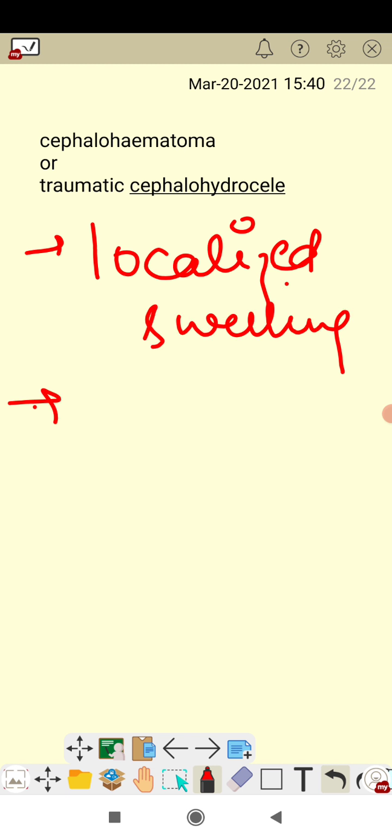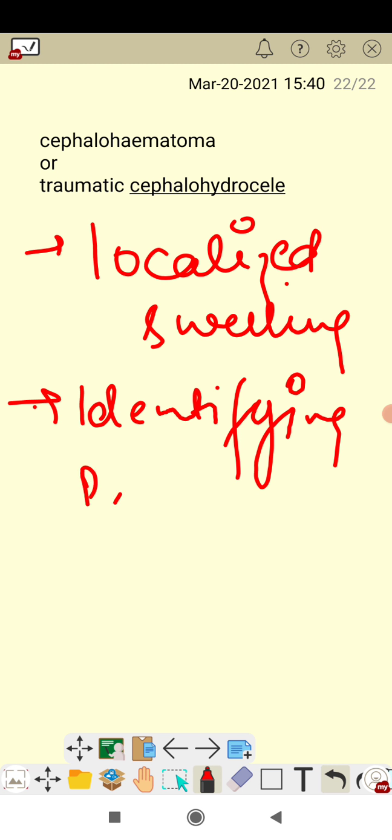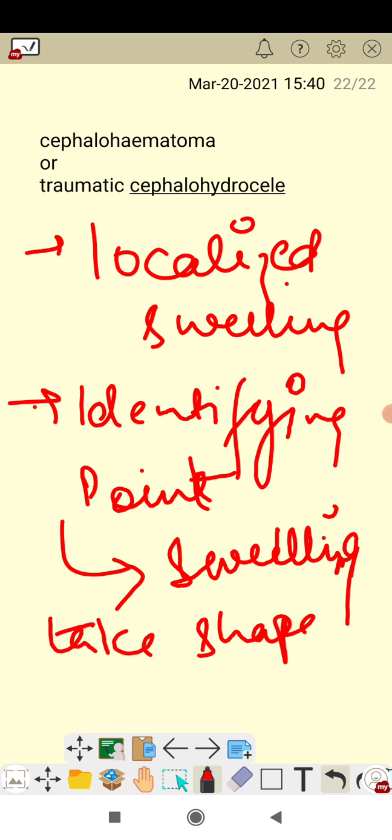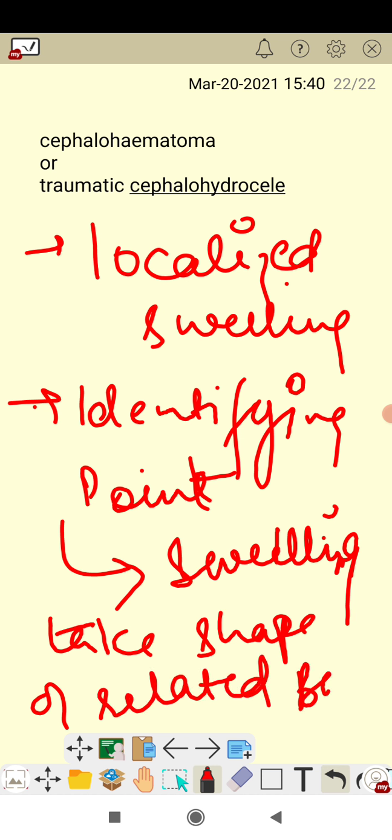And the identifying point is that the swelling takes the shape of the related or corresponding bone.